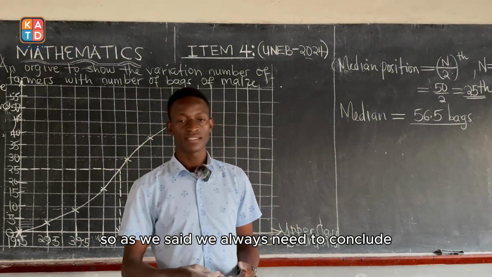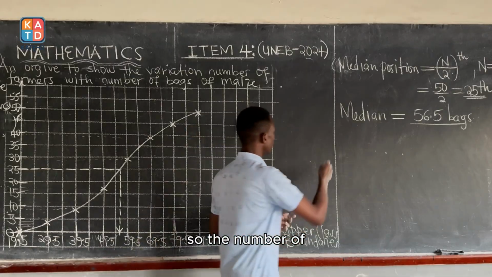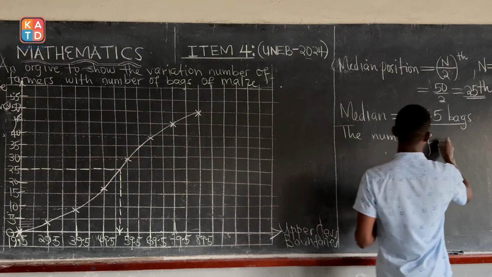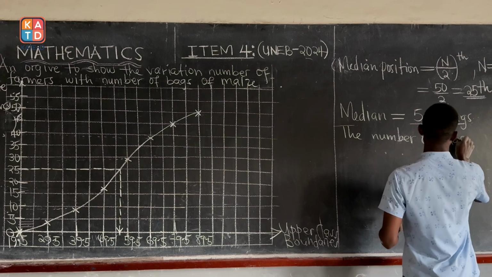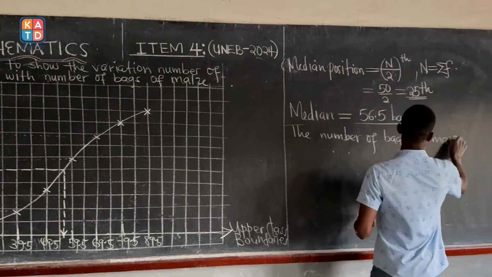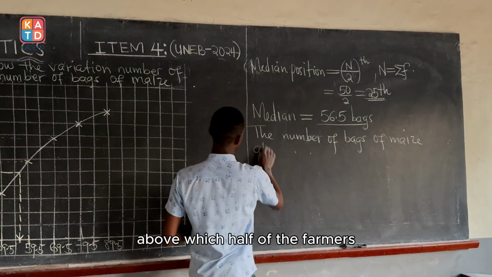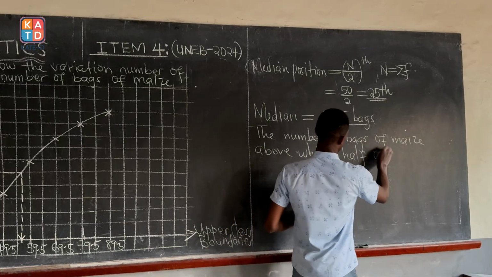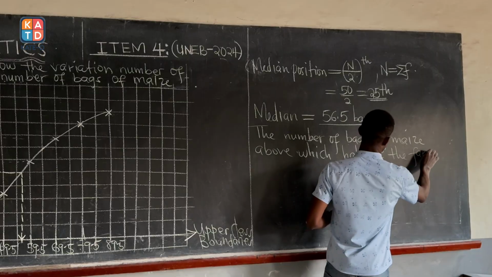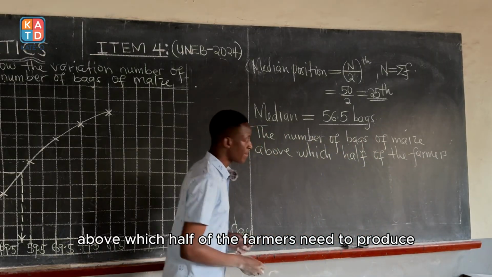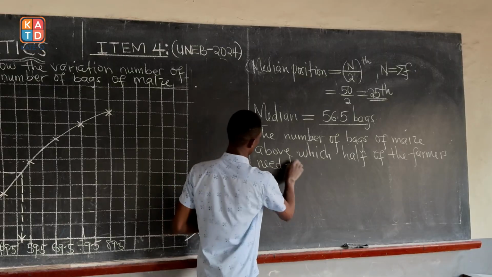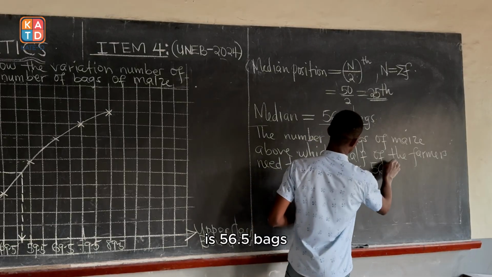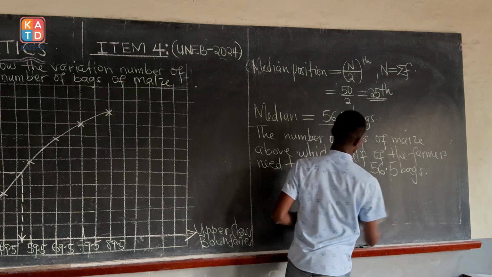So as we said, we always need to conclude. So the number of bags of maize above which half of the farmers need to produce is 56.5 bags.